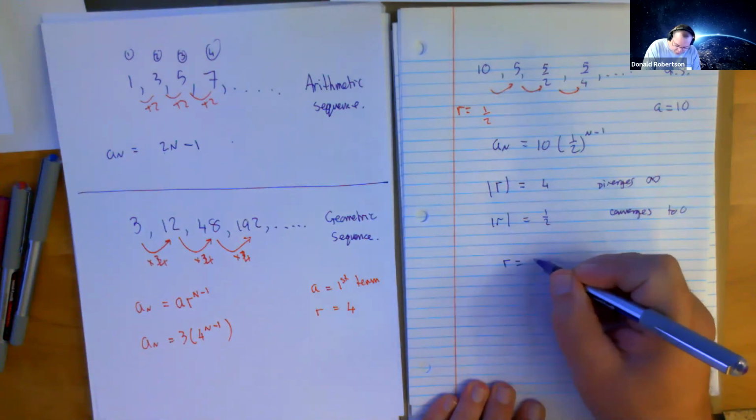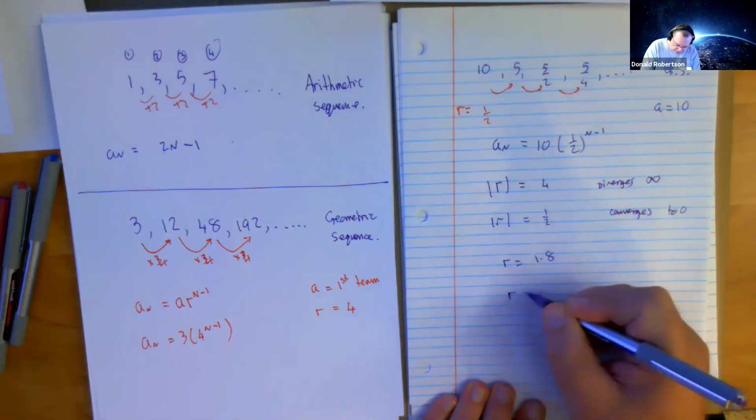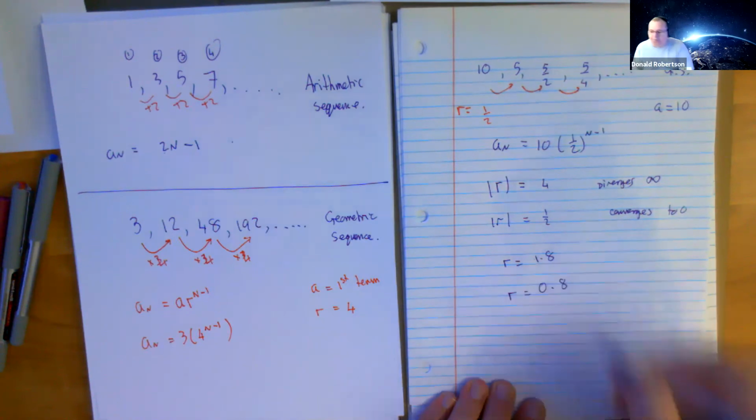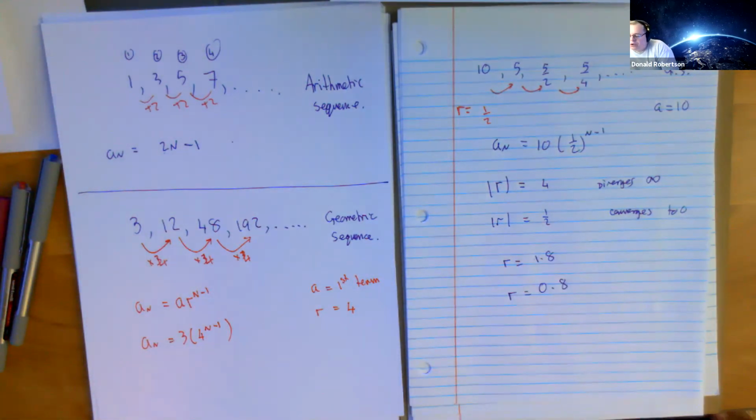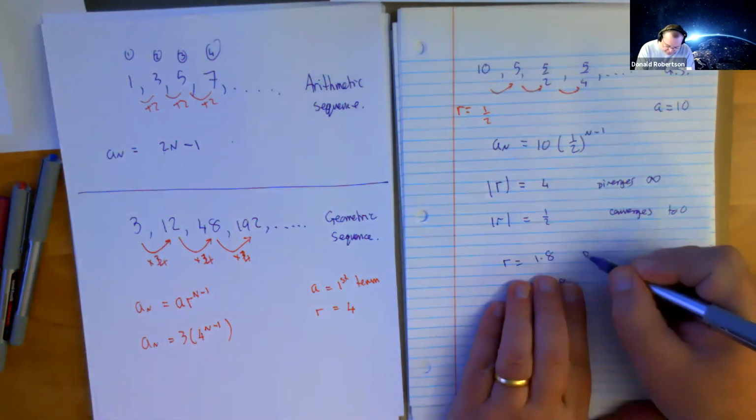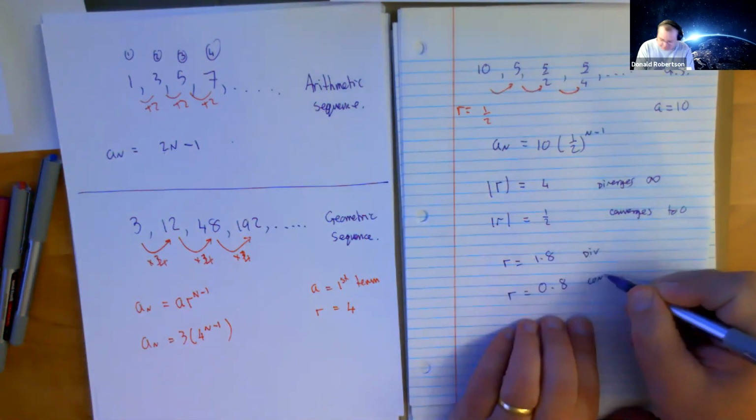Suppose r was 1.8 and suppose r was 0.8. I can tell, without knowing anything else, that that one diverges and this one converges.